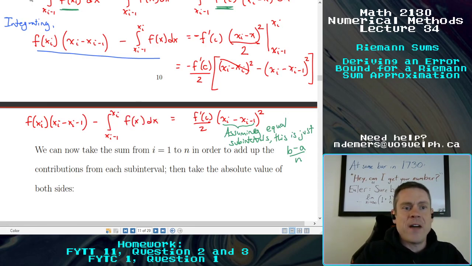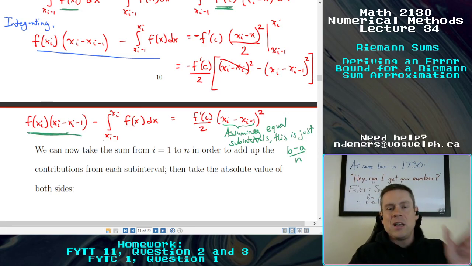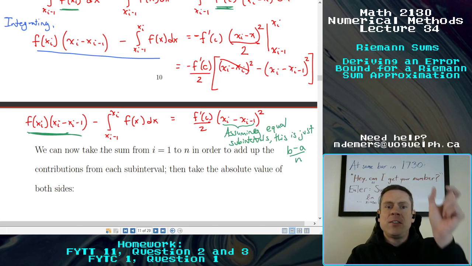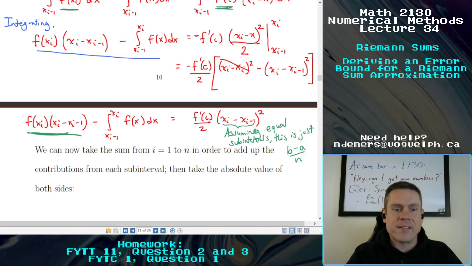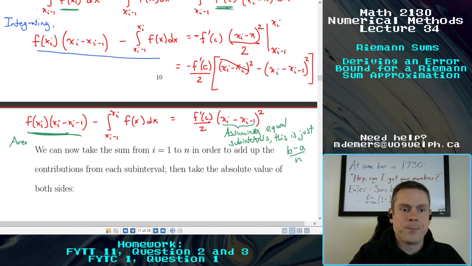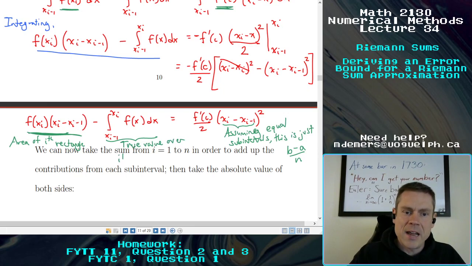Okay, if I look at this first piece, this is just the area of the ith rectangle, right? Because it's just a height times a width. This here is the true value over the ith subinterval, right?